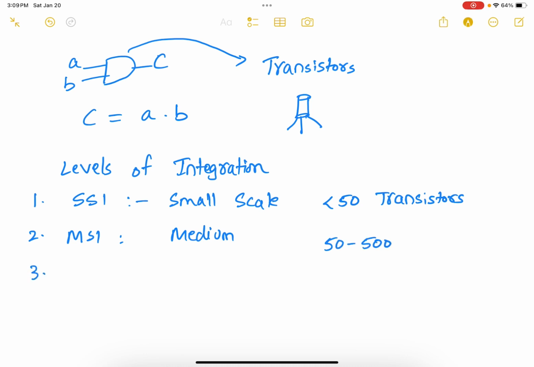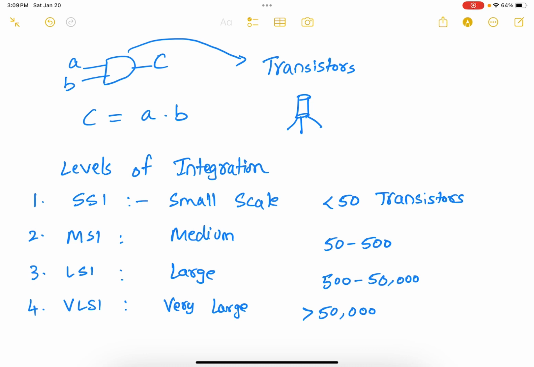Then you have LSI, or large scale integration. Here you have around 500 to 50,000 transistors. And then finally you have VLSI, or very large scale integration, where you have about 50,000 transistors or greater.